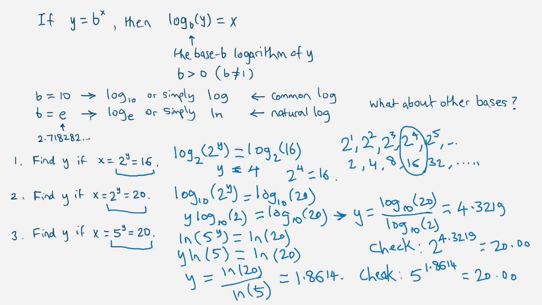So that's a few examples of working with logarithms where we have to work a little bit harder in order to formulate the equations so that we can use base 10 or base e to solve the problems.